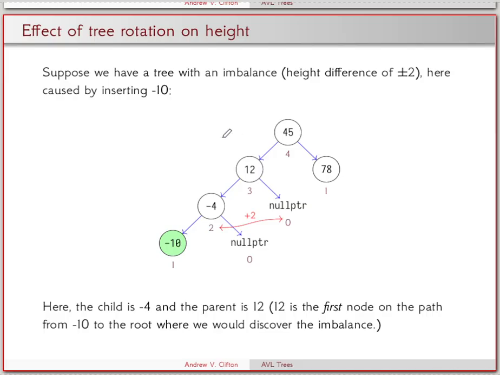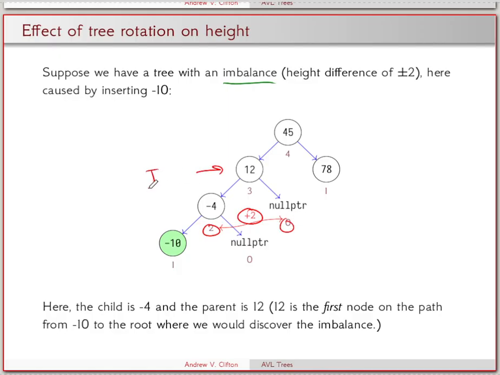Okay, so let's say that we have a tree like this, and we have an imbalance here that looks like this. In this case, we started with a tree that was just this stuff, and then we inserted the -10, which pushed us into imbalance territory. We have this +2 imbalance between -4 and the null pointer.